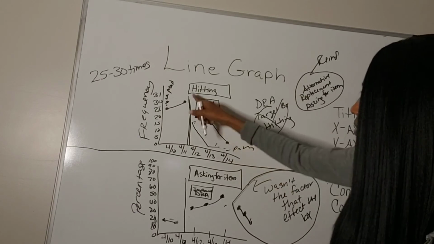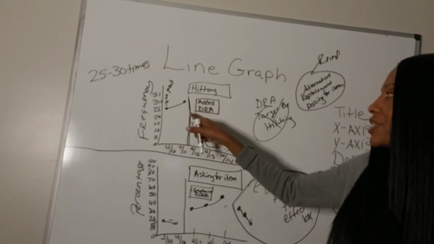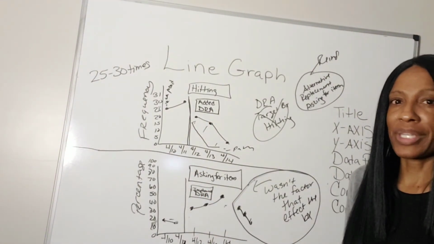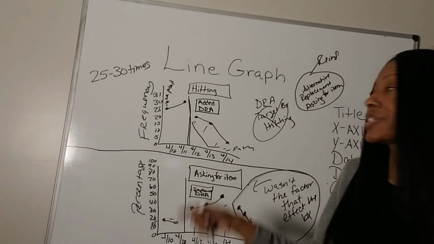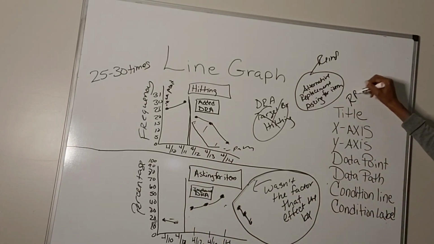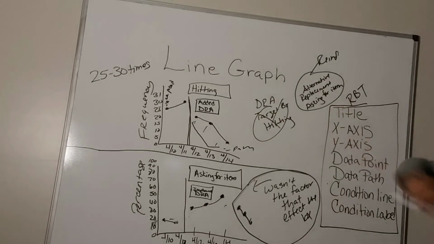You need to know that there's a condition line, and inside that condition is going to tell you what changed in the treatment. Here we added a DRA. It changed the treatment instead of medication. But whatever the change is, it would go there. But these are the most important things that you would need to know for your RBT area in interpreting the graph.